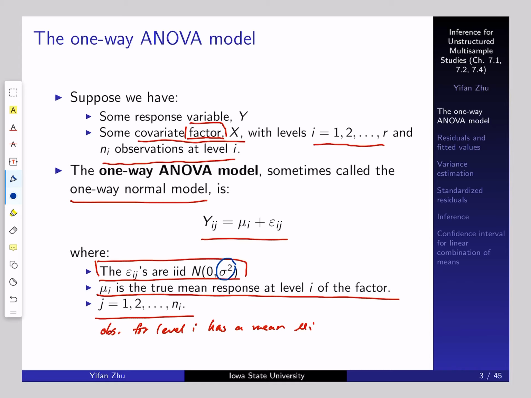So that means the variance for these populations is the same. This is the equal variance assumption from the two-sample inference.